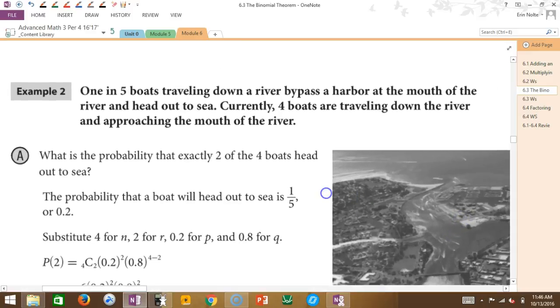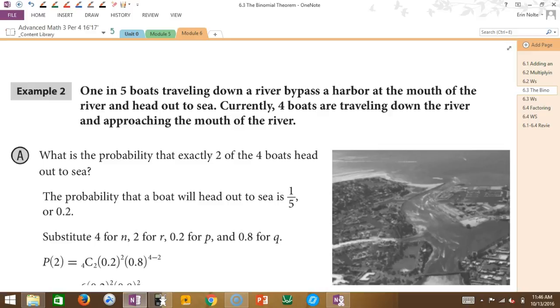Okay, you guys ready? So here is a scenario. Everybody paying close attention. This says 1 in 5 boats traveling down a river bypass a harbor at the mouth of the river and head out to sea. So 1 in 5 boats make it to sea. Got it? 1 in 5 go out to sea.